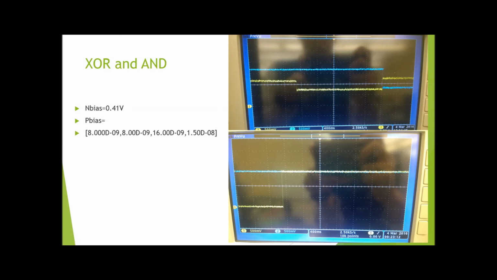But we can achieve differences between the win and lose at always over 500 millivolts. So basically, we can add a comparator to the output of this WTA output, and then we can find out which one is the winner.